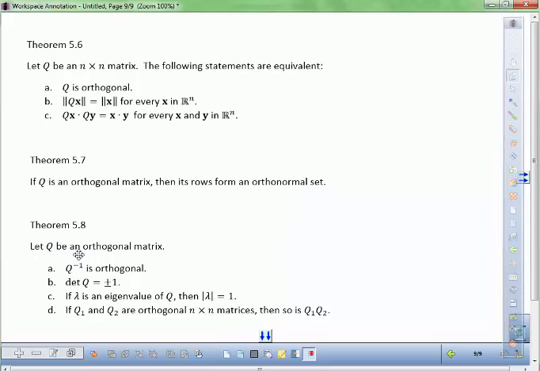And then if Q is an orthogonal matrix, then the inverse is also orthogonal. The determinant is equal to either positive 1 or negative 1. Eigenvalue has to be equal to positive 1 or negative 1. And if you have two orthogonal matrices, then its product is also orthogonal.